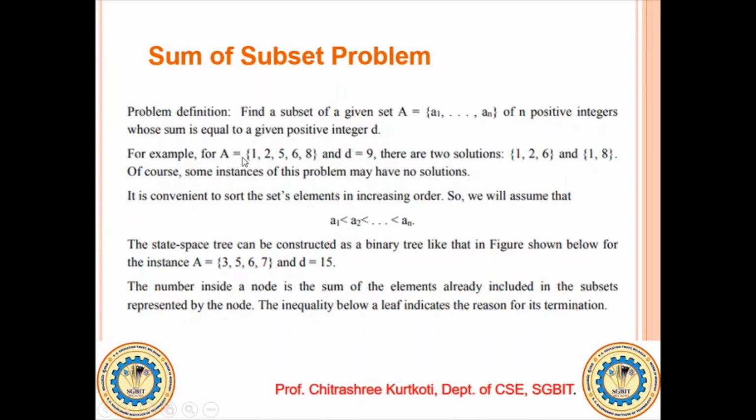So we are given one set, that is A, and d, which is 9. We have to find the subset of this set A in which the sum of the elements of those subsets will be equal to the given d.